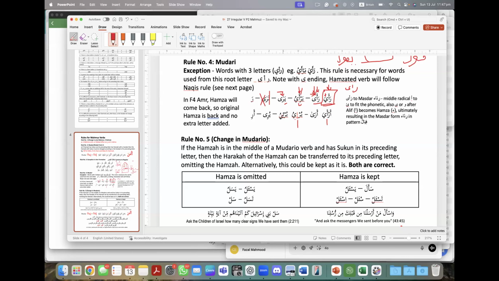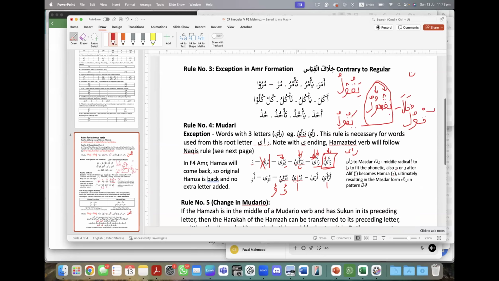Something else happened as well. Remember, this was Hamza, iya with Hamza. This is something you need to gradually look at yourself and follow, and inshallah it will be clear. You will see these two are used in Quran a lot. Why does it happen? Similar situation. Can you see, as we said, the rule?